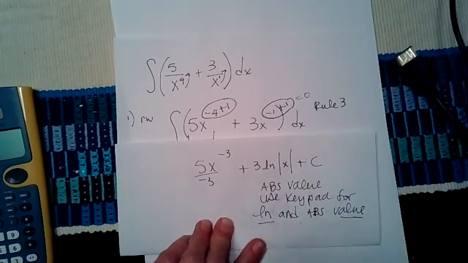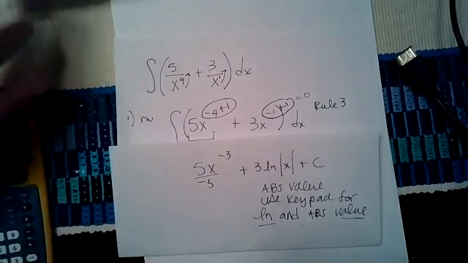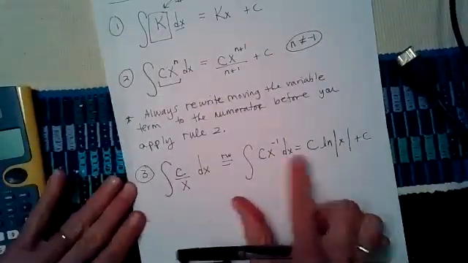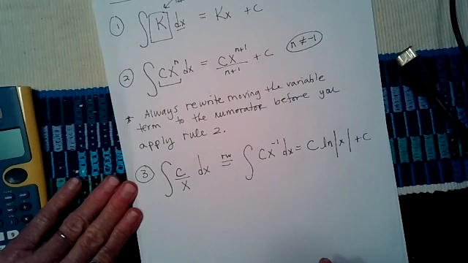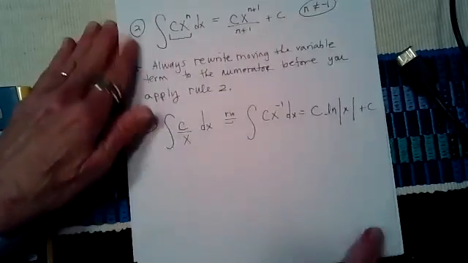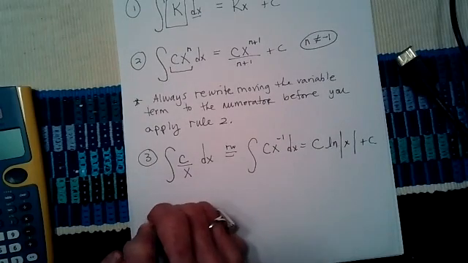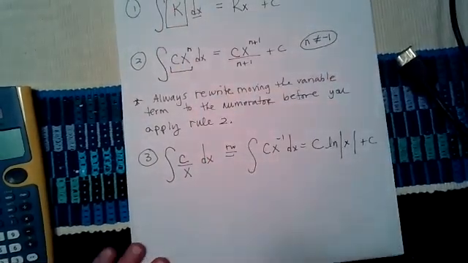Okay, because if you just type in the L, it won't work. Okay, all right, so that's rule 3. Anytime your exponent is to the -1 power, we're going to have the ln of x. Okay, so 3 rules. And now the 4th rule, and they're just 4 rules, so we can do this.